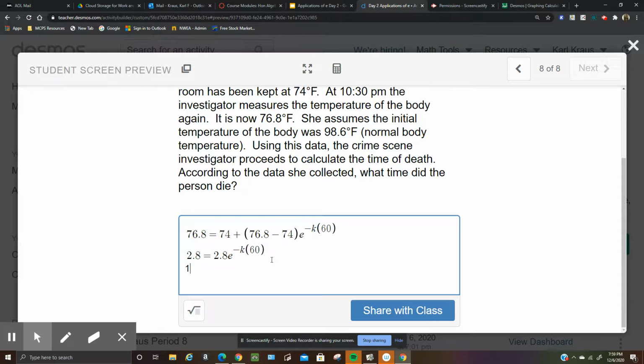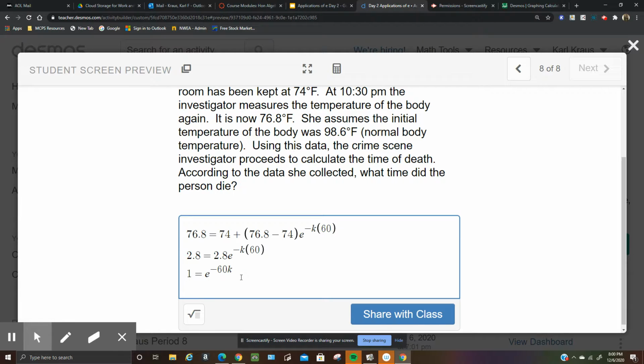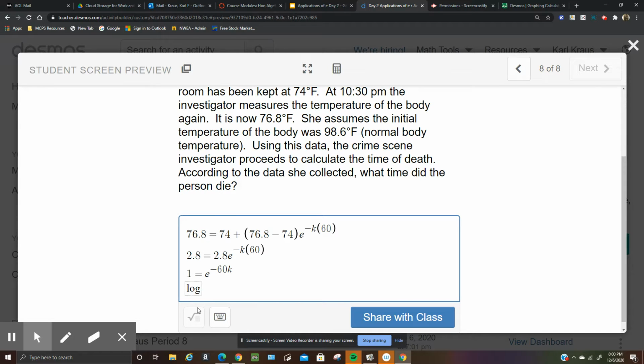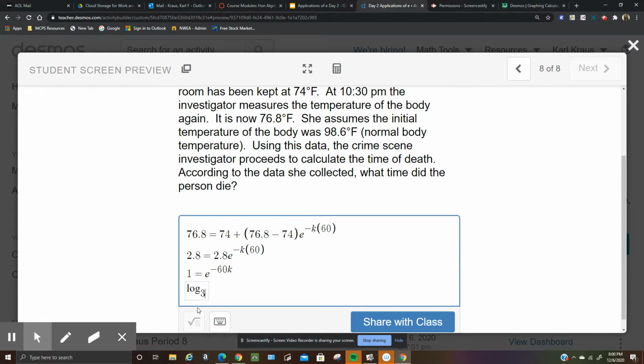So e exponent and log. No, that's not going to work.